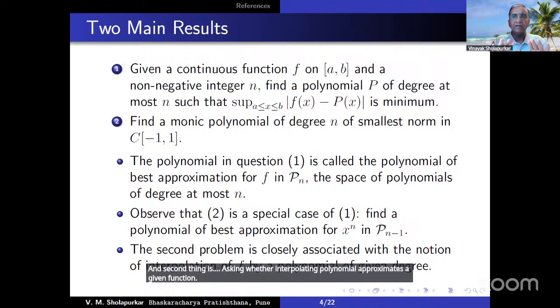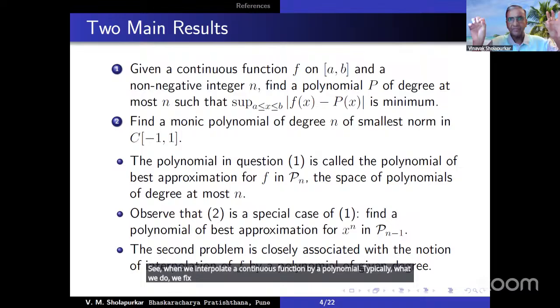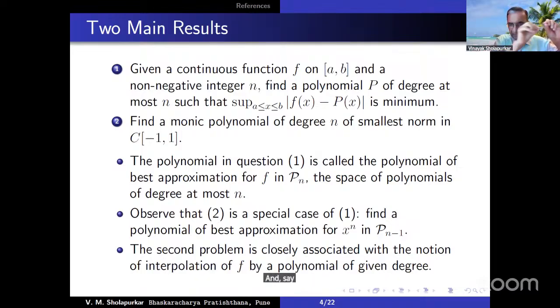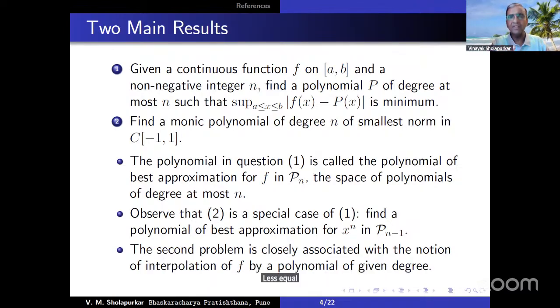See, when we interpolate a continuous function by a polynomial, typically what we do, we fix some nodes and say if we have n plus 1 points in interval AB, then function values and this polynomial match at these n plus 1 points and we get a polynomial of degree less than or equal to n, which matches with the given function at these points.